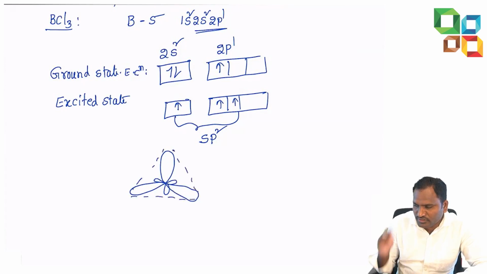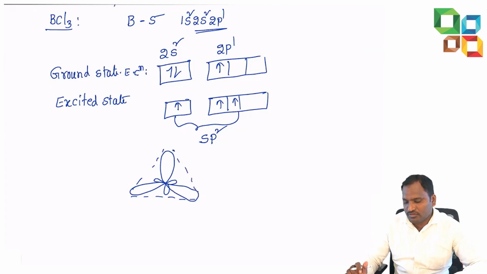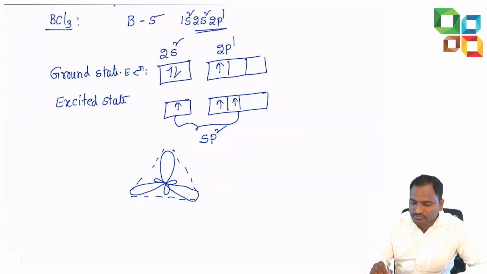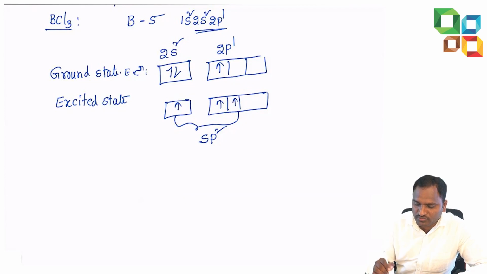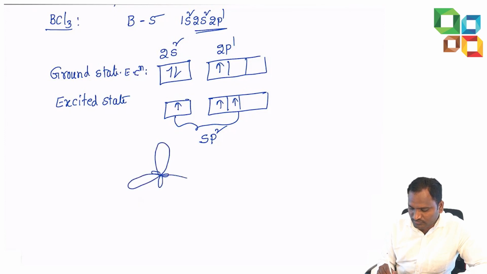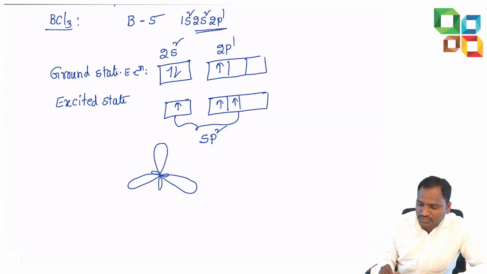Based on the nature of hybridization, the hybrid orbitals are oriented in a particular geometry, to minimize the repulsions. See students, here one unpaired electron, here one, here one.